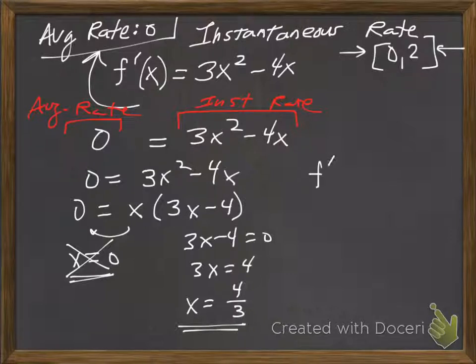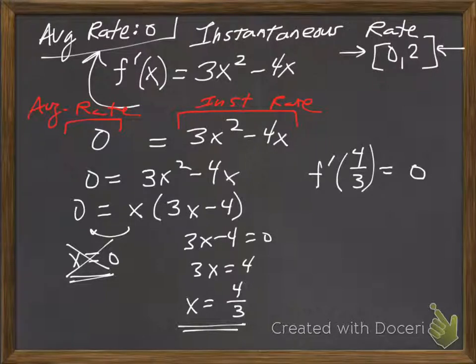So that means for f prime of 4/3, I tried to write pi there by mistake, let me erase that. For f prime of 4/3, you will get 0. And there's your value of c, guaranteed by the mean value theorem.